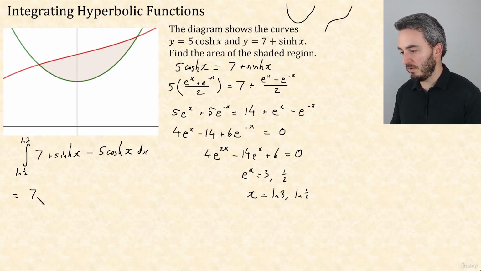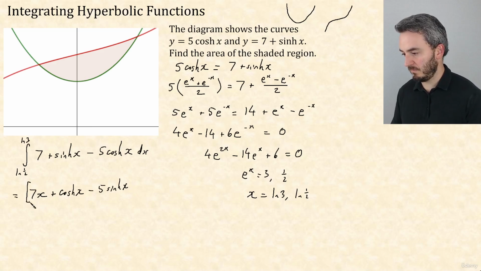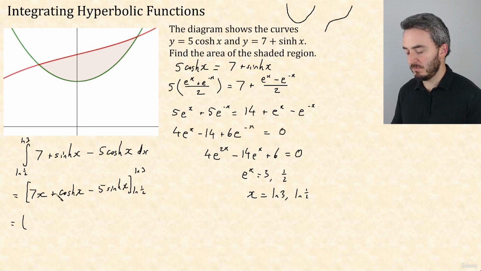So we've got 7x. The integral of sinh is cosh, so that's cosh x, minus 5 sinh x, and all of that between ln a half and ln 3. So what do we get? Well, subbing in 3, I get 7 ln 3. Then for these you can just do them on the calculator.